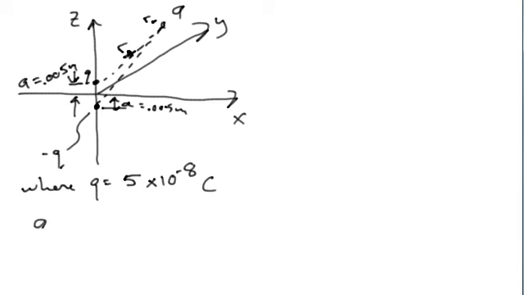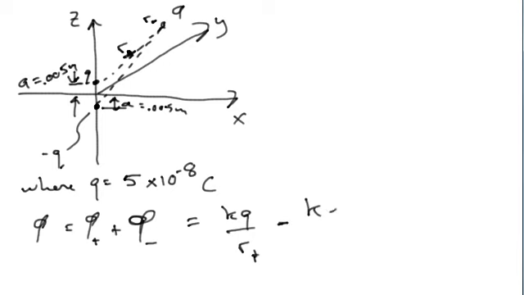So phi is going to be equal to phi to the positive charge plus phi to the negative charge. I want to call those phi 1 and phi 2 when you write it up. KQ over R plus, minus KQ over R minus. So Q itself is 5 times 10 to the minus 8th coulomb. So I got that here and a minus that in the second term.